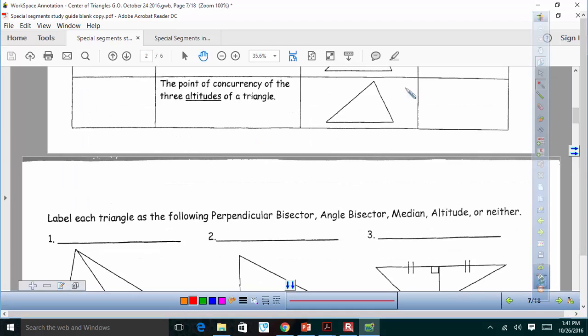Okay, and the last one is the point of concurrency of three altitudes. What was that called? Orthocenter. Very good. So remember, an altitude goes from the vertex straight down to the side to form a 90-degree angle. So it would come straight down here to form a 90-degree angle. Come straight down here to form a 90-degree angle.